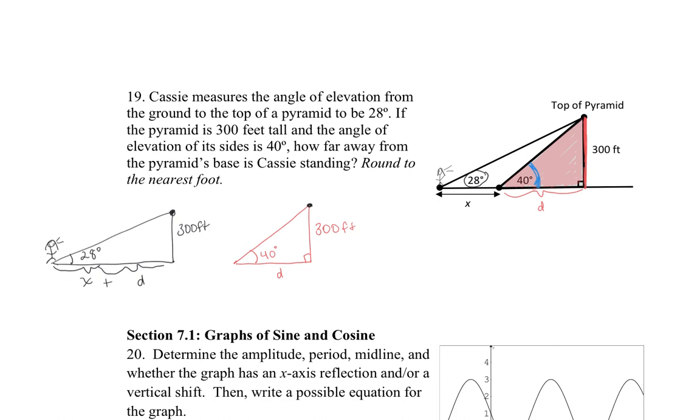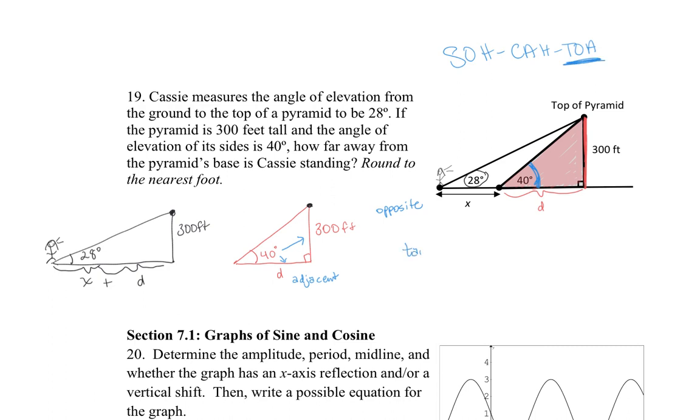So let's look at this in terms of where the sides are relative to this angle. To this 40 degrees, this side is the opposite side and this side is the adjacent side. If we remember SOHCAHTOA, we will be using TOA.